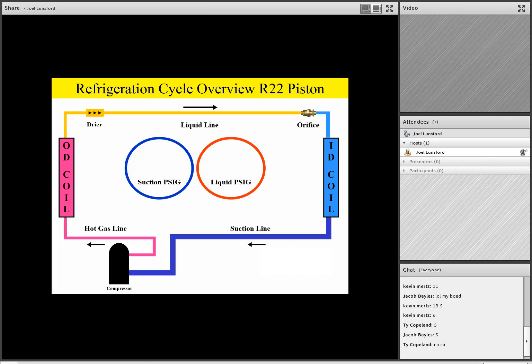Once it reaches the orifice or TXV, the orifice or TXV will spray that liquid refrigerant into the indoor coil, also known as the evaporator, and it will boil that refrigerant into a cool vapor. That cool vapor will then go down the suction line back to the compressor. This is the normal refrigeration cycle for an air conditioning system. Again, team, please notice that the R22 service calls will have a white background on the gauges.